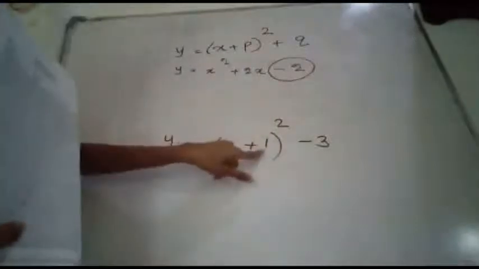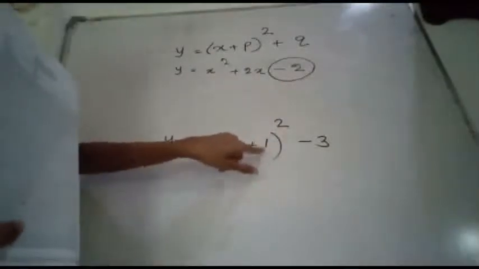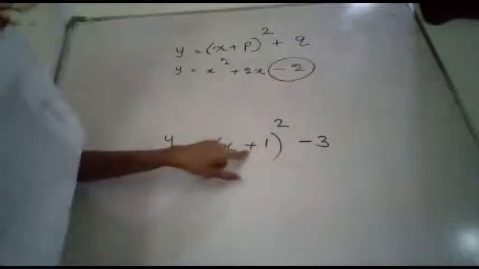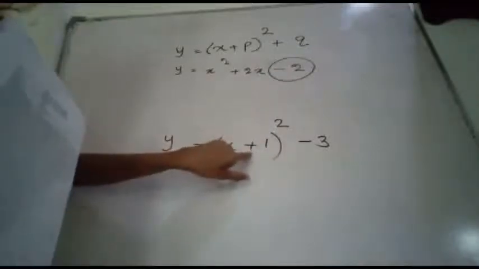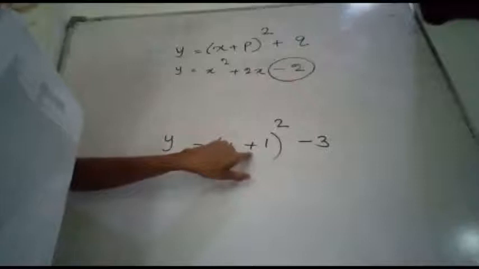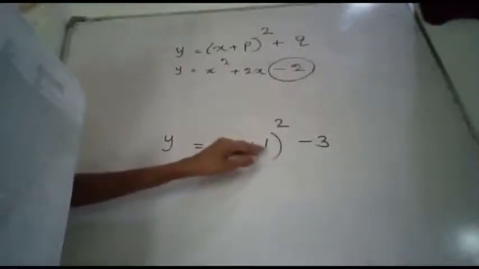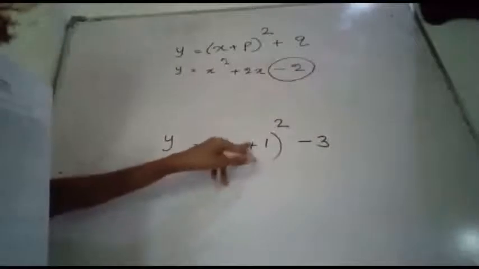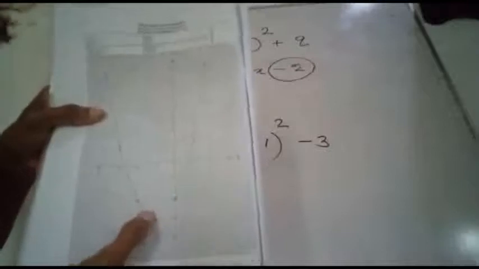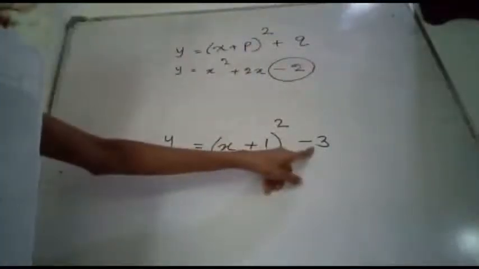Here there is plus 1, so the equation of the axis of symmetry is x equals -1. Here x plus 1, the axis of symmetry is x equals -1. Here -3.